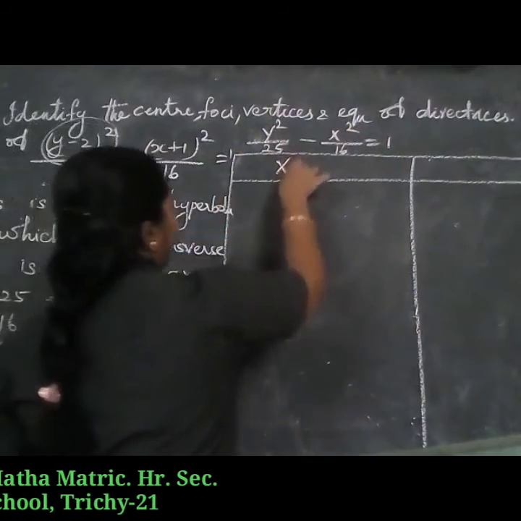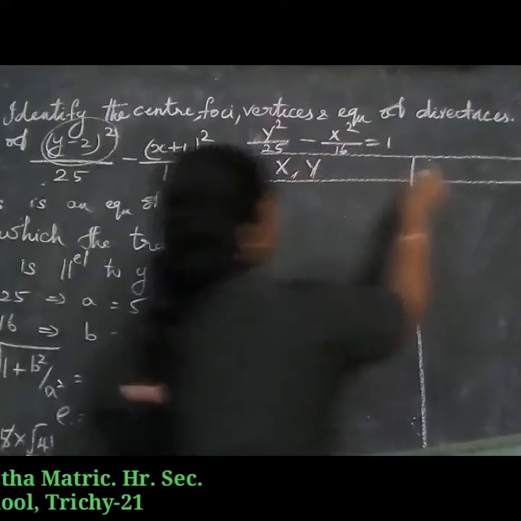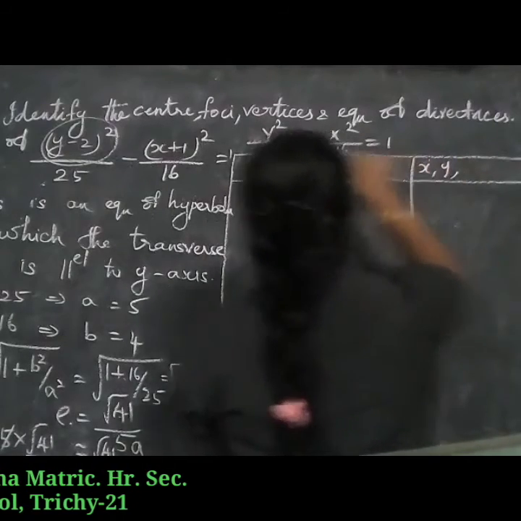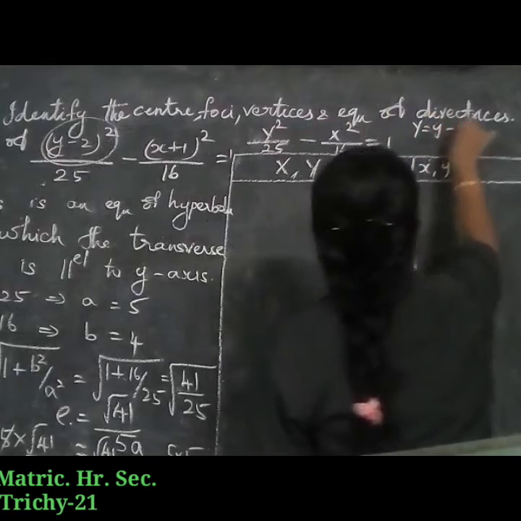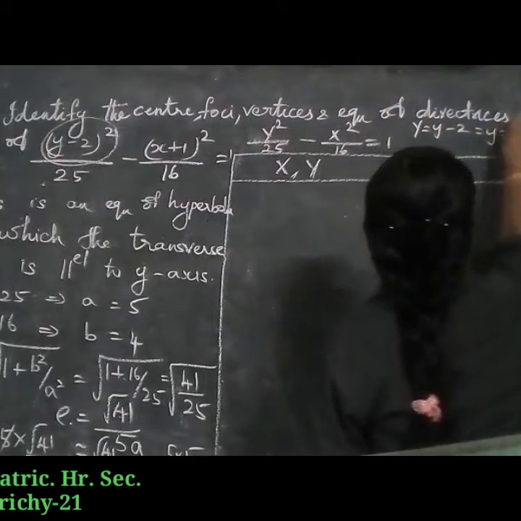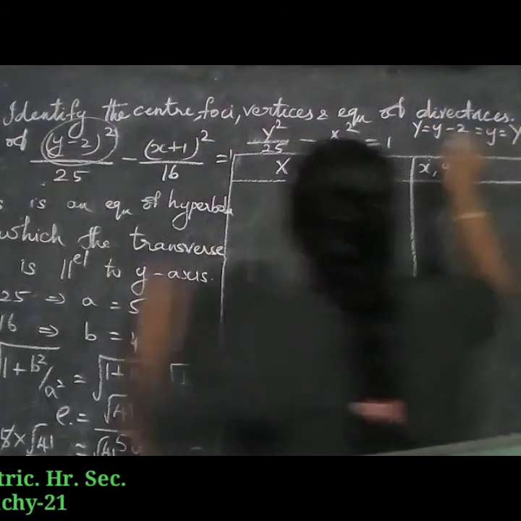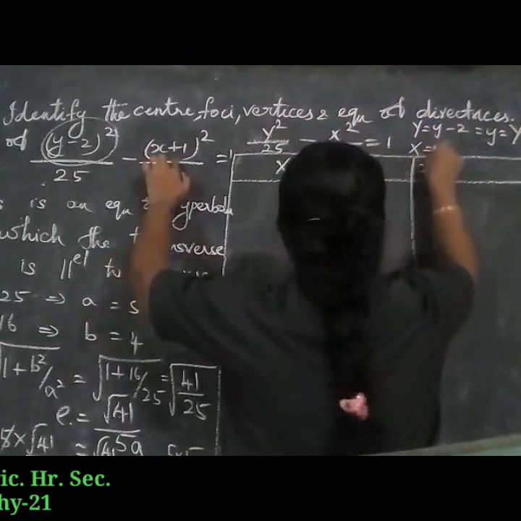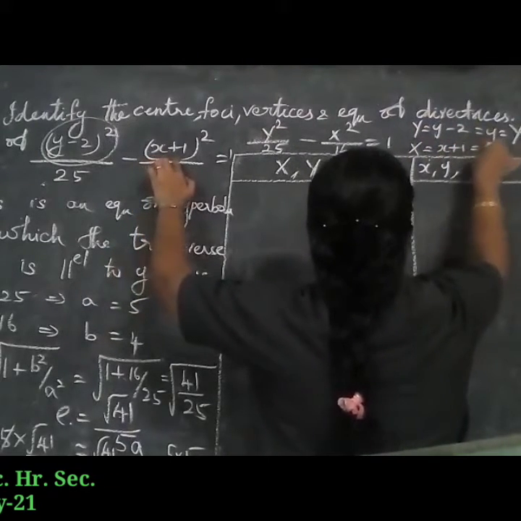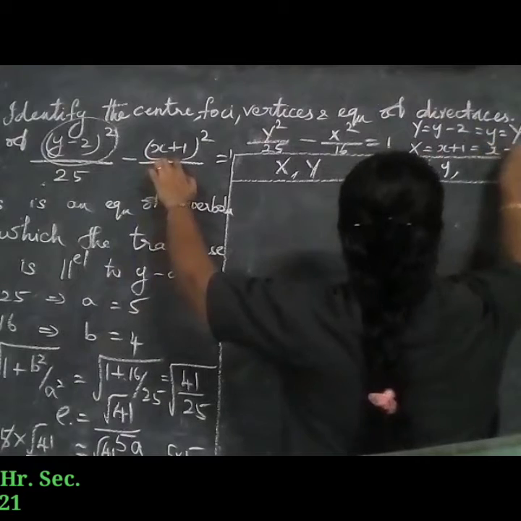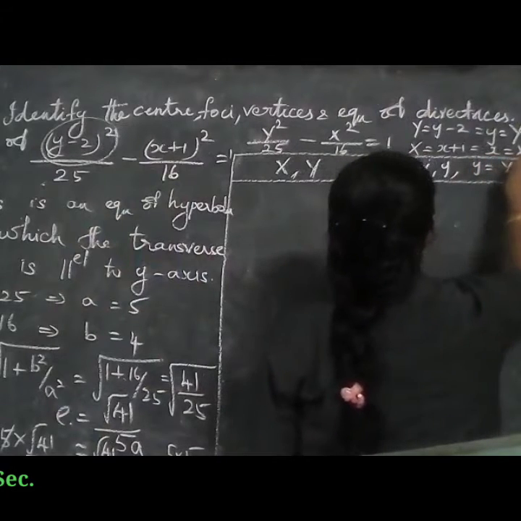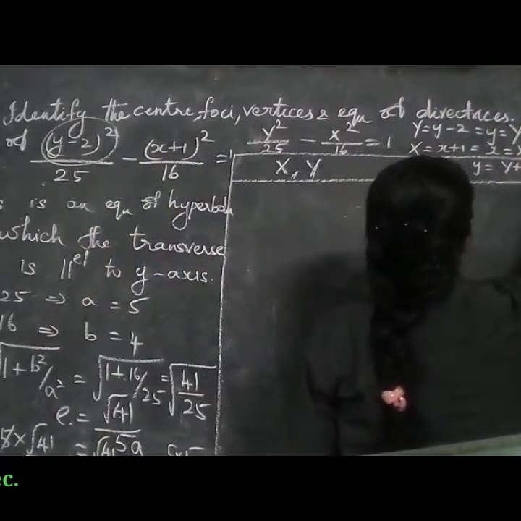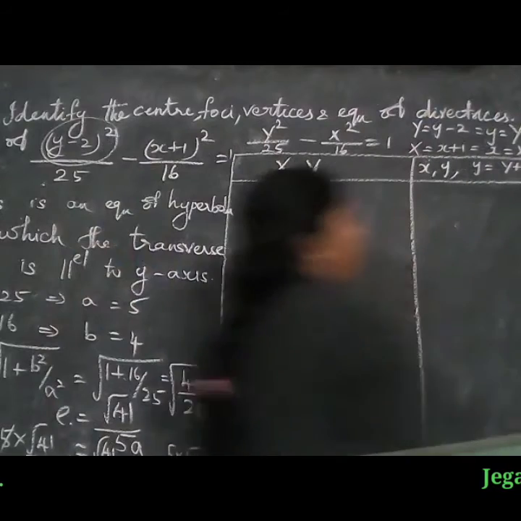Here capital Y is equal to small y minus 2. Therefore, small y is equal to capital Y plus 2. Capital X is equal to small x plus 1. Therefore, small x is equal to capital X minus 1. So, both values you can write: y is equal to Y plus 2 and x is equal to X minus 1.